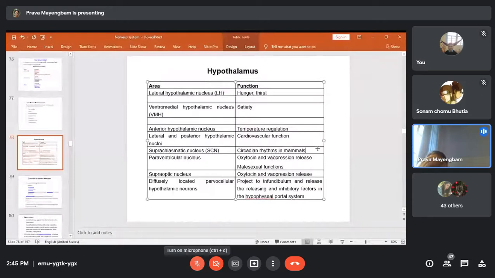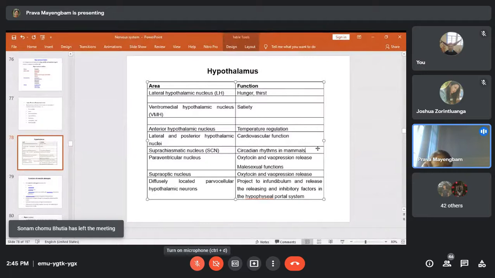In the case of other non-mammals, the other animals, not mammals, this circadian rhythm... Do you know what circadian rhythm is? Any idea?